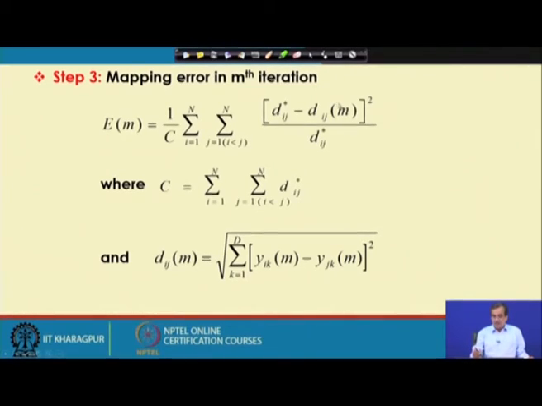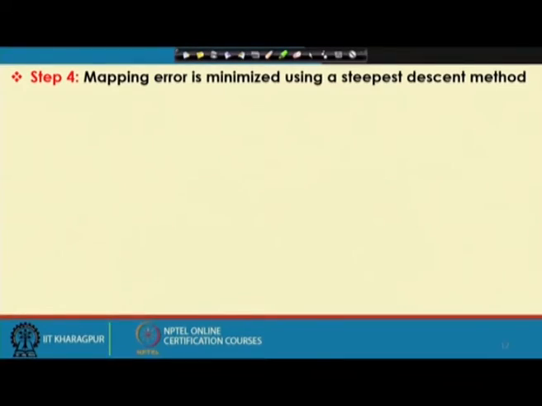So, this particular Euclidean distance d_ij^m is in lower dimension, and as I mentioned d_ij star is the Euclidean distance between the two data points in higher dimension.